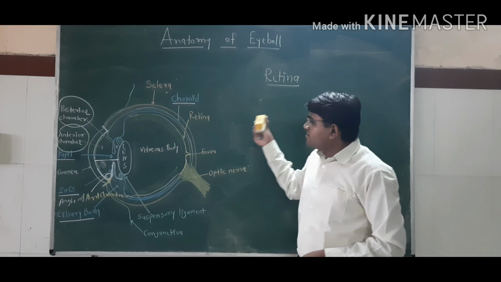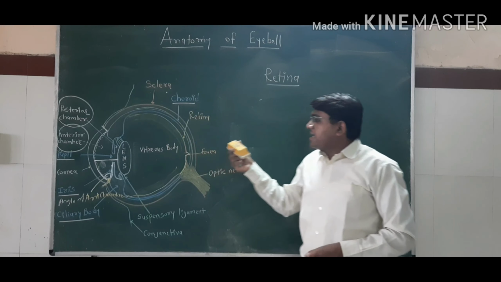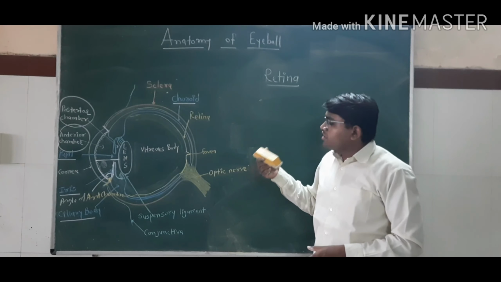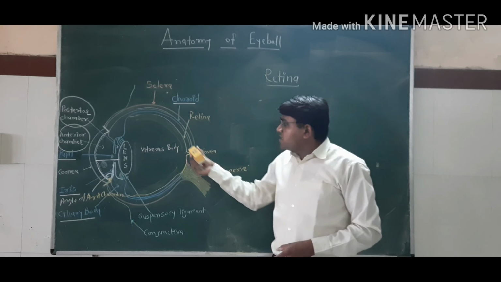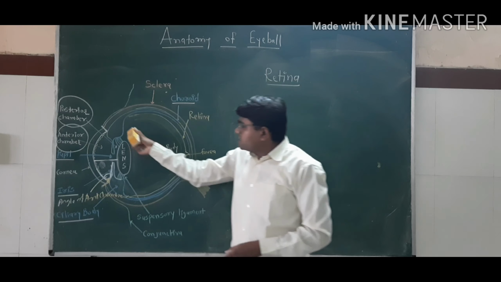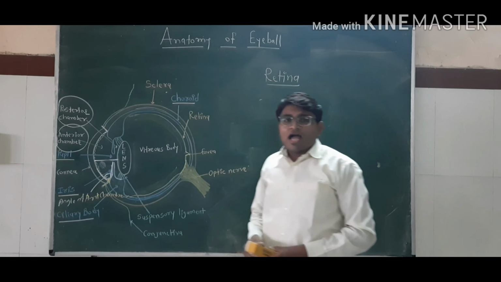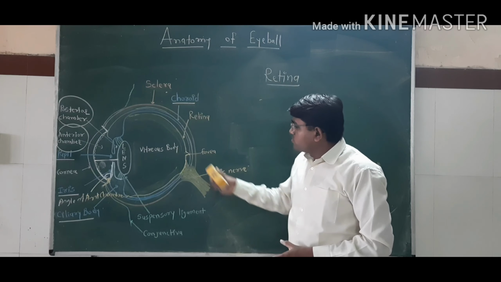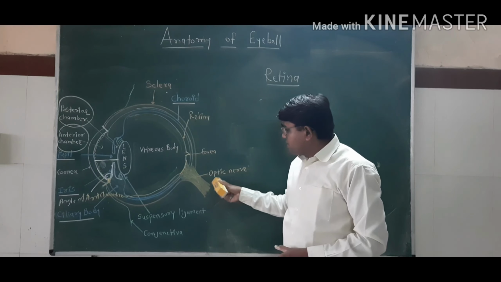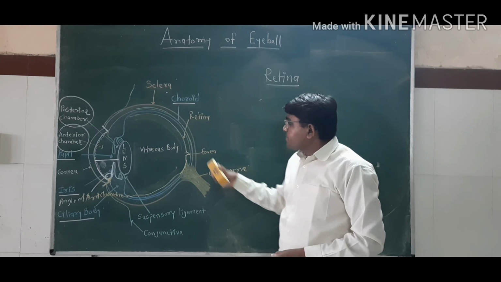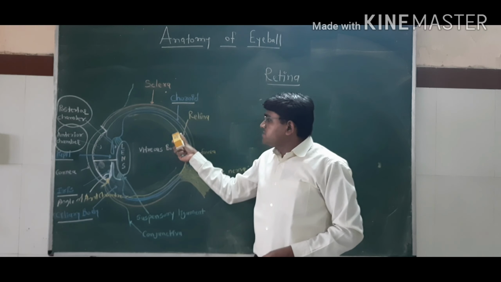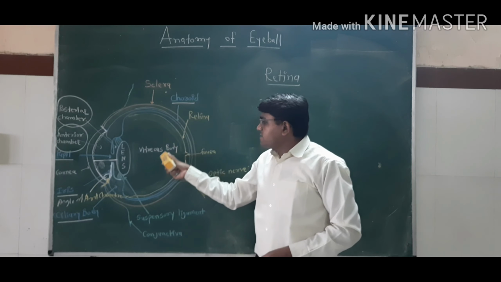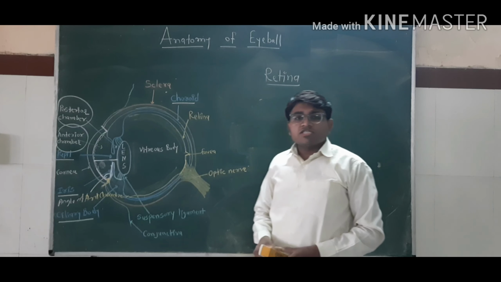So we have seen that the retina is forming the inner coat of the eyeball. It has three parts: the optic part, the ciliary part and the iridial part. On the posterior side, it is joined with the optic nerve. Its outer surface is joined with the choroid, whereas its inner surface is in contact with the vitreous body.